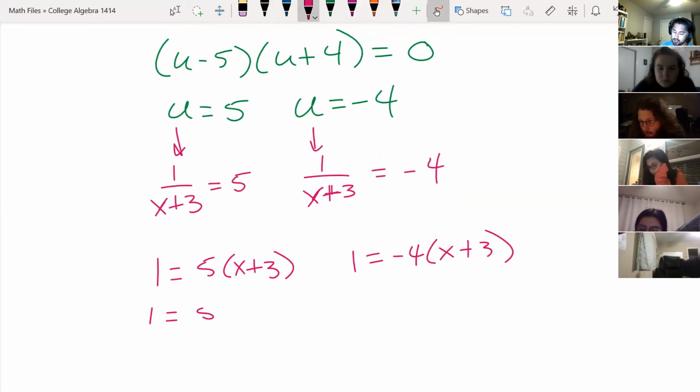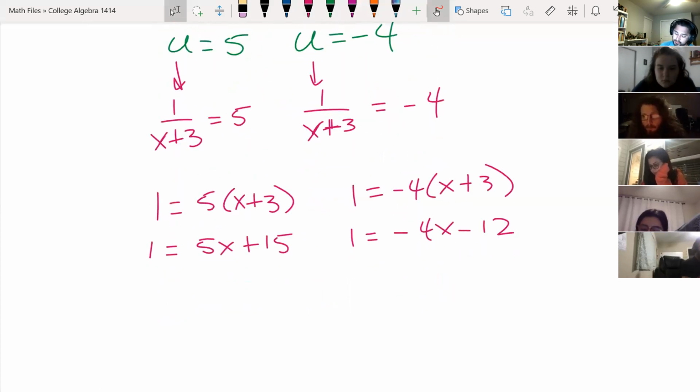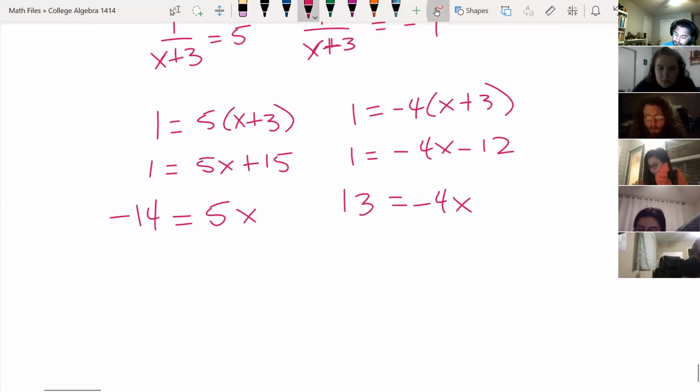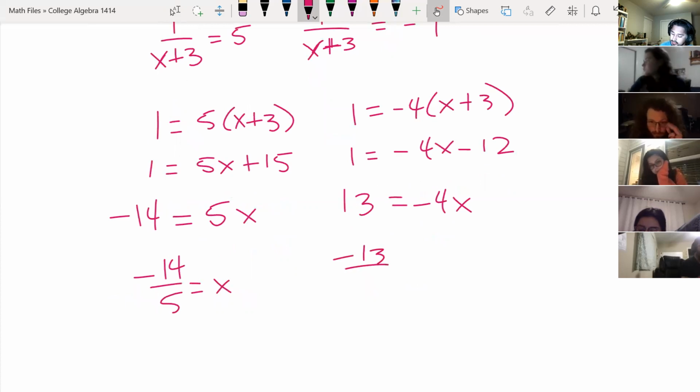So 1 would be 5x plus 15, negative 4x minus 12. Move over that 15: negative 14 equals 5x. And then move over that 12: 13 equals negative 4x. Divide, divide, and we get negative 14 over 5 equals x, and negative 13 over 4 equals x.